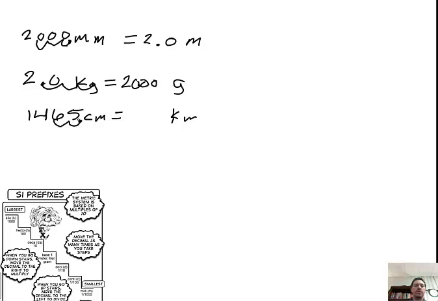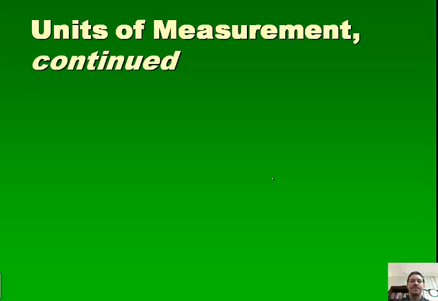So our new number, 0.01465 kilometers. And we'll practice this a little bit more, but I think that's all we have for now.